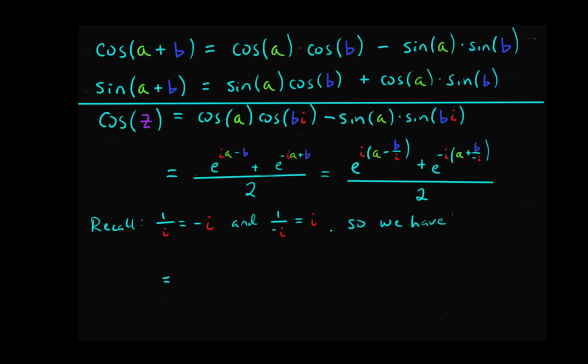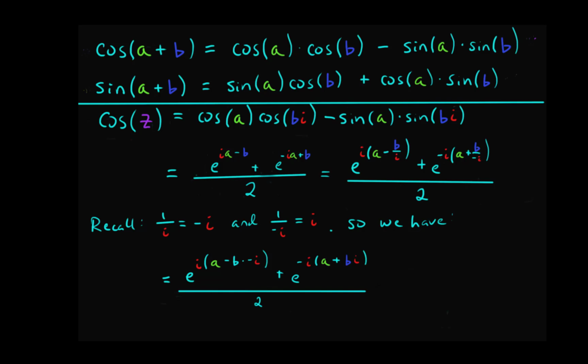So when we make use of that fact, we have e to the i times a minus b over i there. Well, minus b over i is the same thing as minus b times 1 over i or minus b times negative i. Okay, so I'll close parenthesis on that. And this is going to be plus e to the negative i times a plus b over negative i. b over negative i is the same thing as b times i.